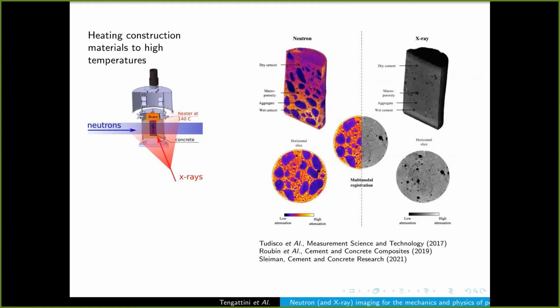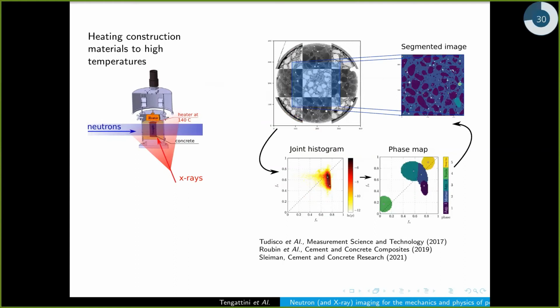So it's only through their combined use that segmentation, the univocal determination of all the phases composing them, is possible, and it is absolutely essential. To do this, we developed a number of tools, notably an expansion of digital volume correlation to compare not just commensurable fields like X-rays to X-rays, but to compare X-rays to neutrons.